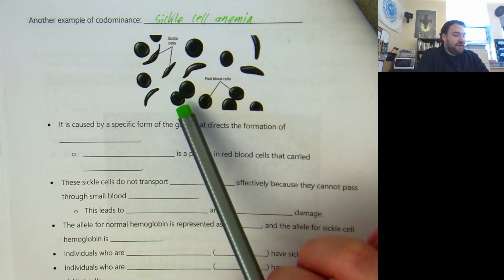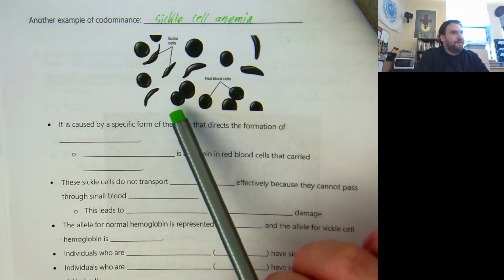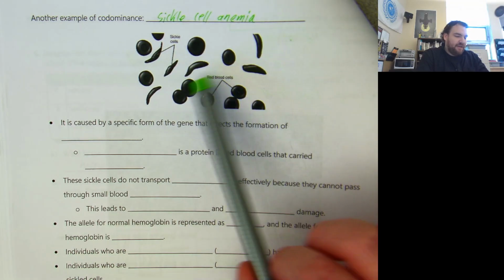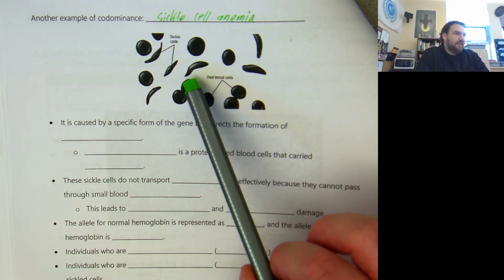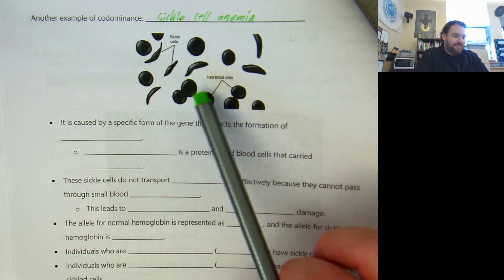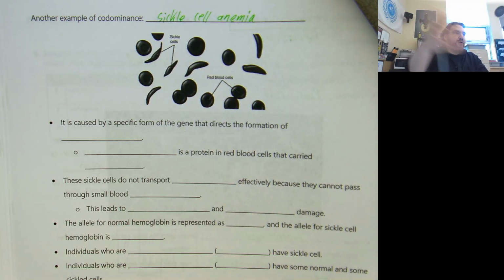Now, if you have sickle cell, some of the red blood cells, or if you're full-blown sickle cell, all of your red blood cells will have this shape instead. It looks like a bean or a jalapeno or a sickle, which is a curved tool used by people to harvest grain.